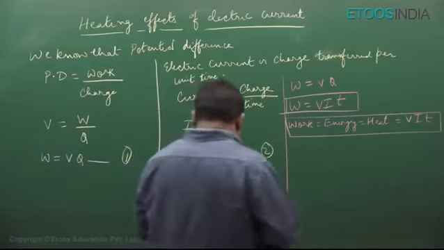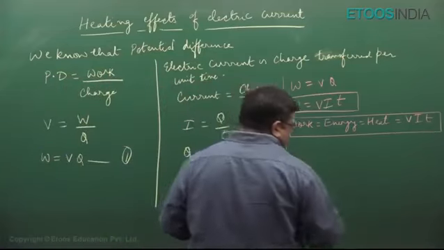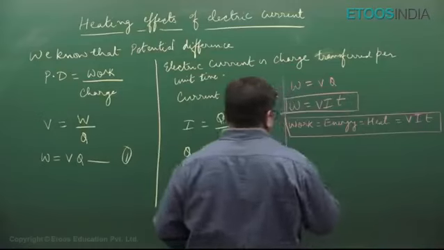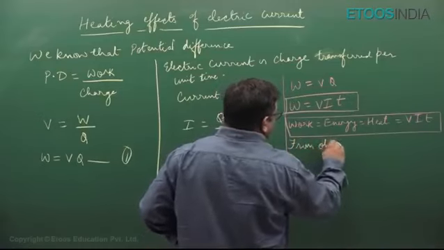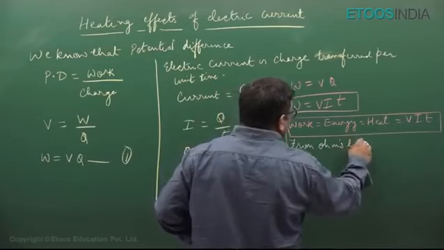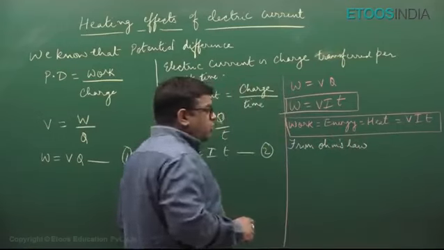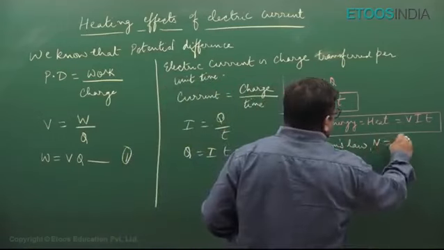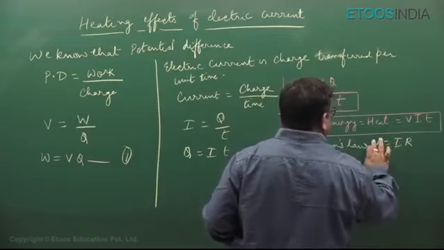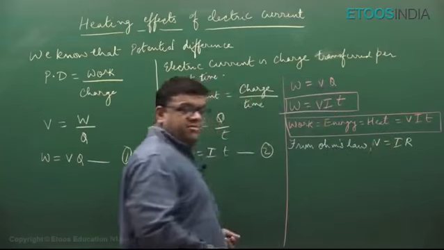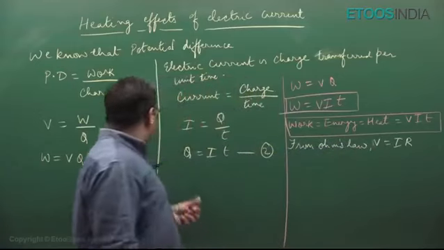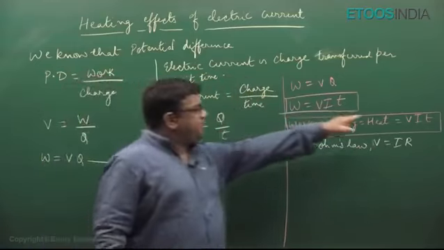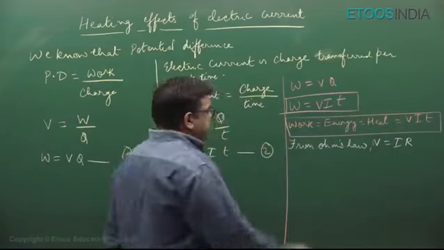We know from Ohm's law, what does Ohm's law say? That V is equal to IR. Clear? I can put this equation V is equal to IR here in VIT.